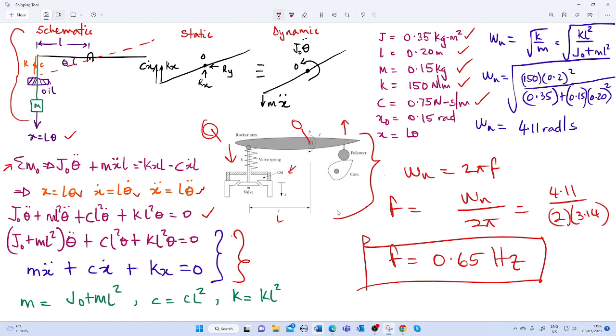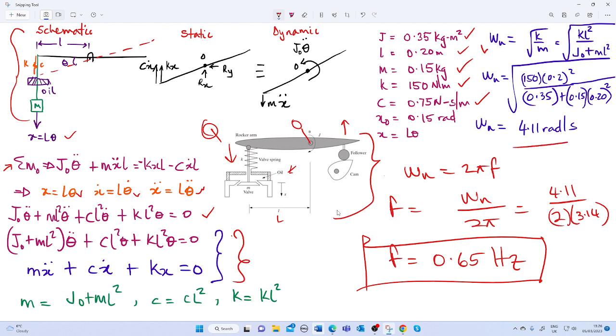Now, by inputting all these values into the formula for natural frequency, which is Wn equals the square root of K over M, that gives us the square root of k L squared over J plus m L squared. Therefore, our Wn becomes 4.11 radian per second.